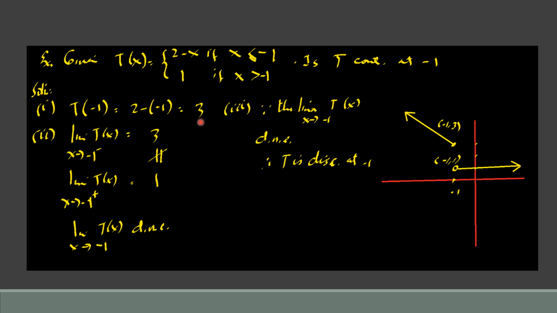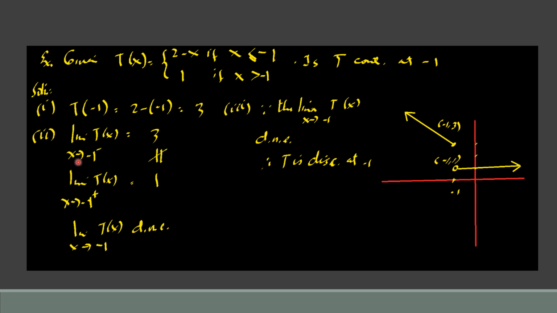Since, again, we are testing the continuity of t at negative 1, where negative 1 is an endpoint of the intervals involved, negative infinity to negative 1 and negative 1 to positive infinity, there is a need of evaluating the one-sided limits.